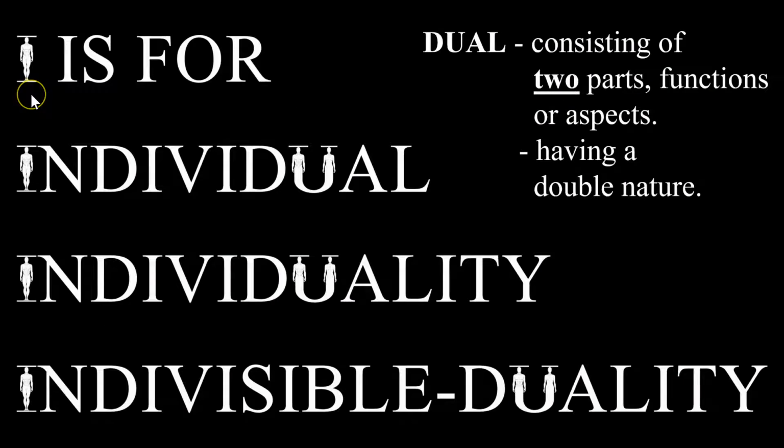The pronoun I, used to address oneself in the first person, is an abbreviation of the word individual. The quality of being an individual is called individuality, and the word individuality is a contraction of the words indivisible-duality.